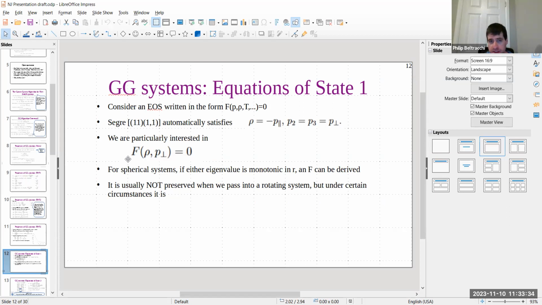For spherical systems, this is often easy because if either eigenvalue is monotonic in r, it's possible to derive some equation of state F, which is satisfied in the spherical system. This equation of state is usually not preserved when we pass into the rotating system, but we did find that under certain circumstances, the equation of state is preserved.